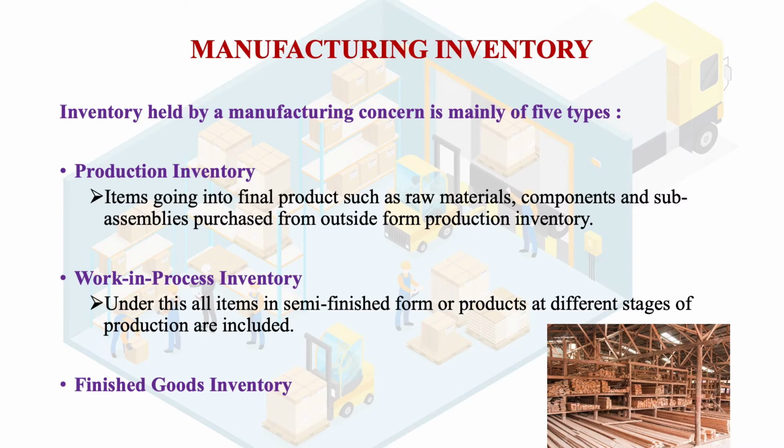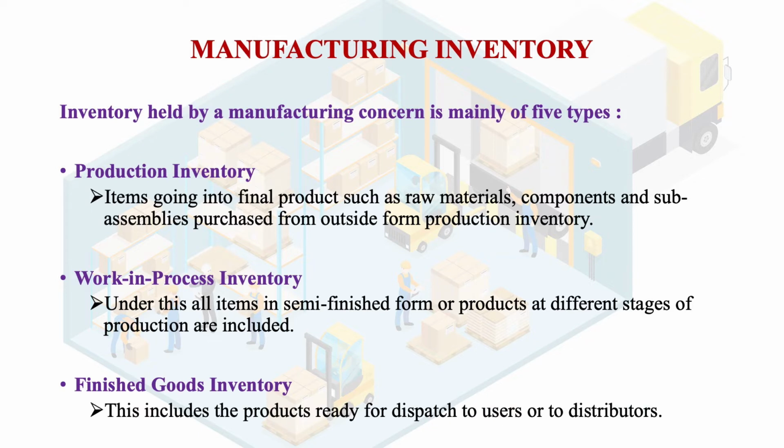Third category under manufacturing inventory is finished goods inventory. This includes products ready for dispatch to the user or to the distributor. They keep finished goods so that the transporter should not wait.